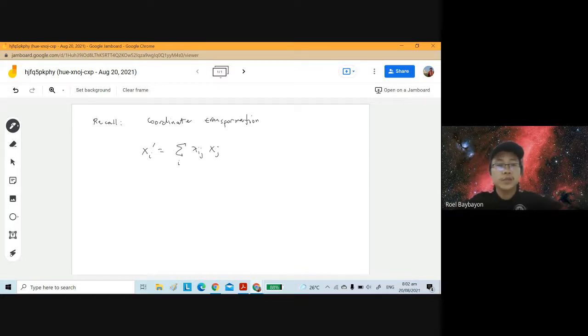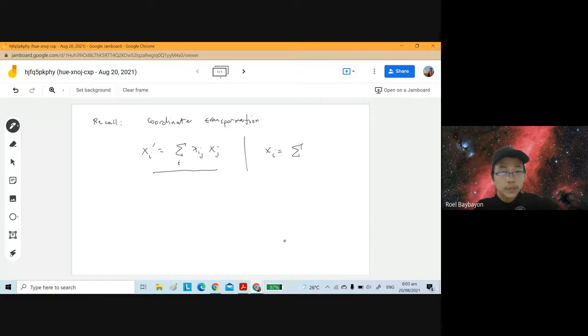Okay, and we also know how to transform from prime to unprime coordinates. We call this one the inverse transformation of this equation. We know that xi is equal to the summation of, I think this is j.